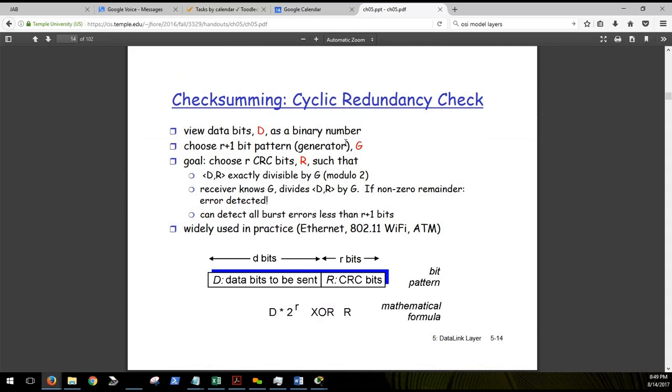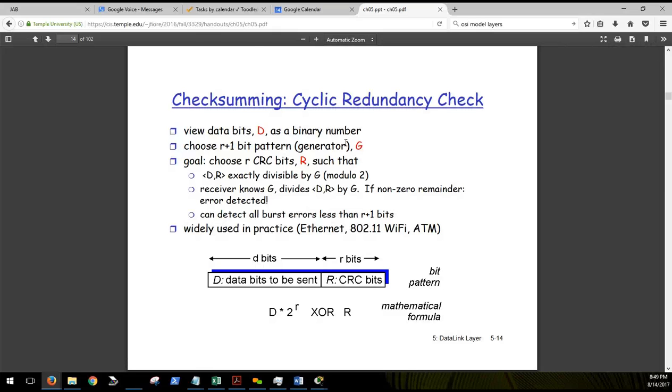So, checksumming, CRC or cyclic redundancy check. We're going to look at our data bits, which are designated as D, as a binary number.